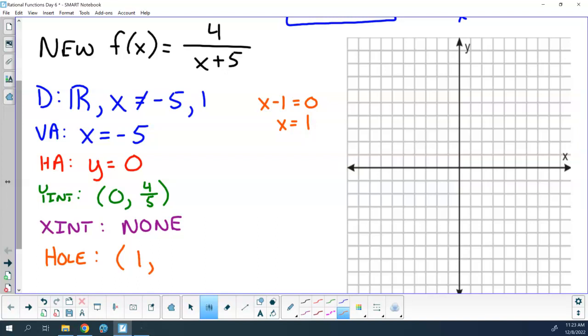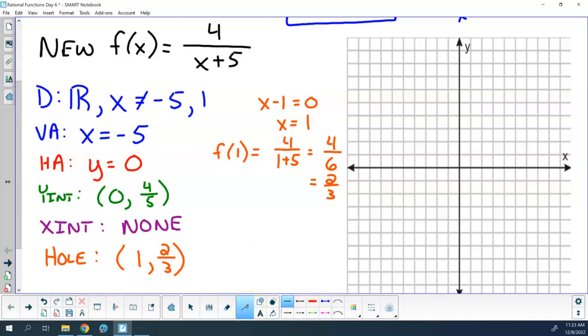I plug 1 into my new function. 1 plus 5 is 6. 4 divided by 6 is 2/3. So I've done my work. Now let's check my work.